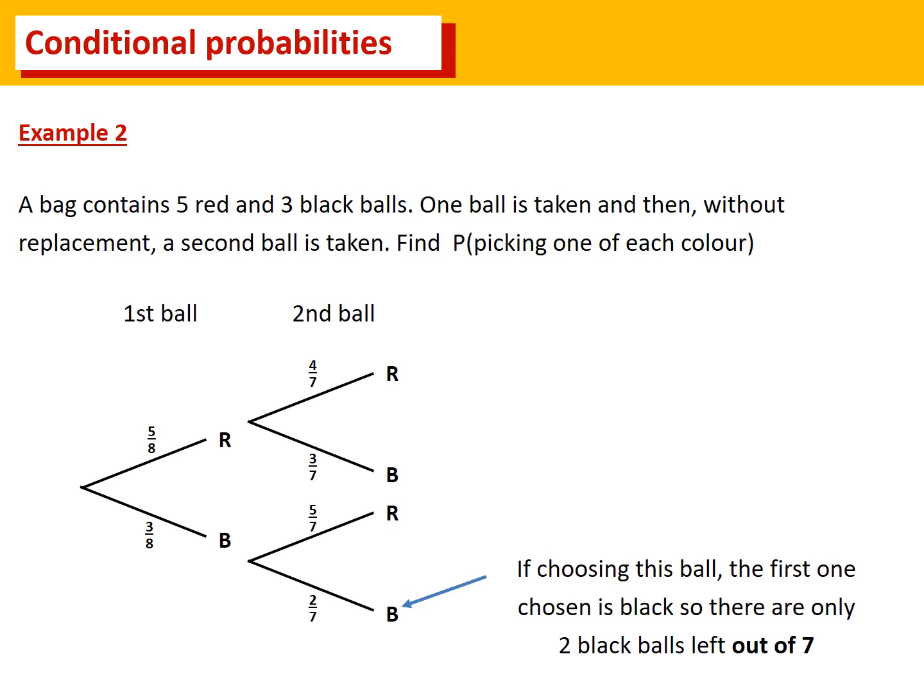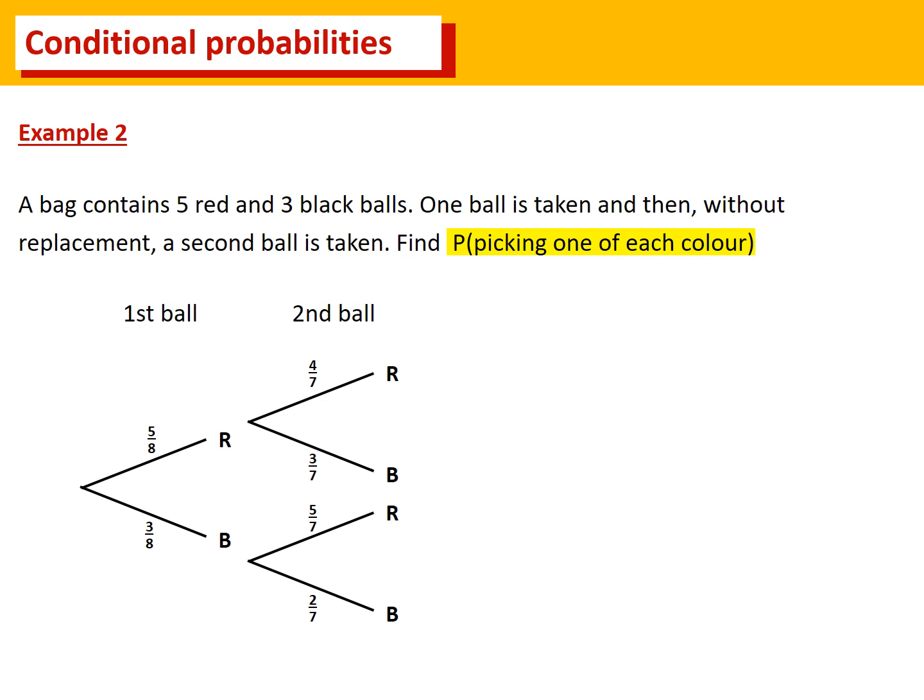Now the question says find the probability of each colour. So that's a red followed by a black. The probability of a red followed by a black, we multiply along the branches, 5/8 times 3/7, and that's 15 out of 56. But that's not the only way of obtaining a ball of each colour, because as well as getting a red followed by a black, we could have obtained a black followed by a red.